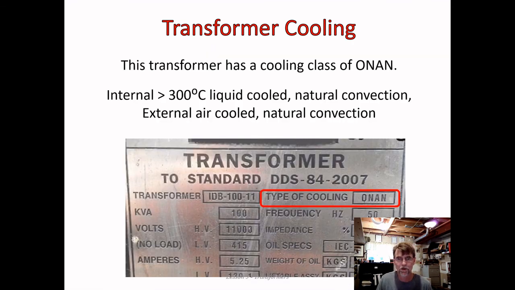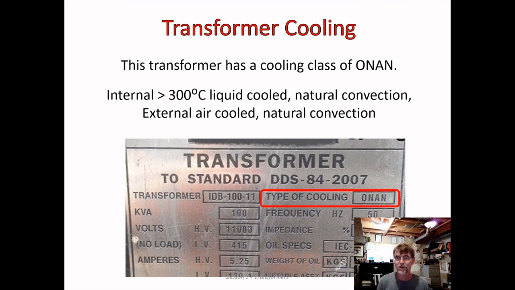So we're back here. Notice that the type of cooling was ONAN. Okay, so internally greater than 300 degrees Celsius, liquid cooled. So we've got a liquid coolant system inside with natural convection, which means there's no fan here circulating the oil from inside to outside.